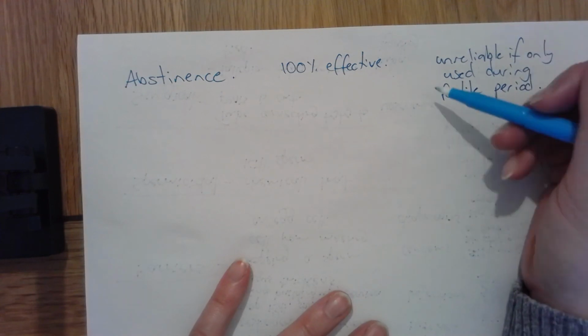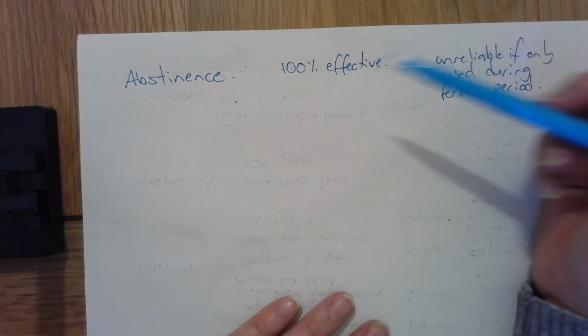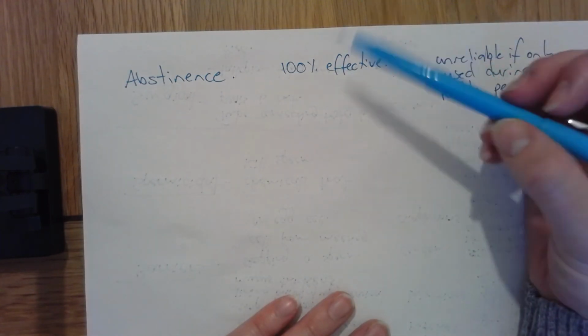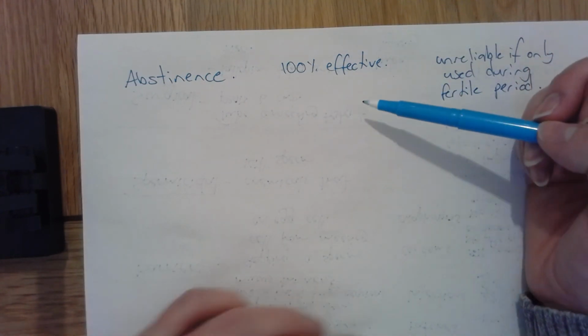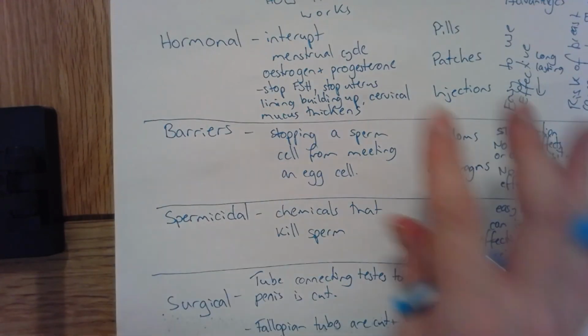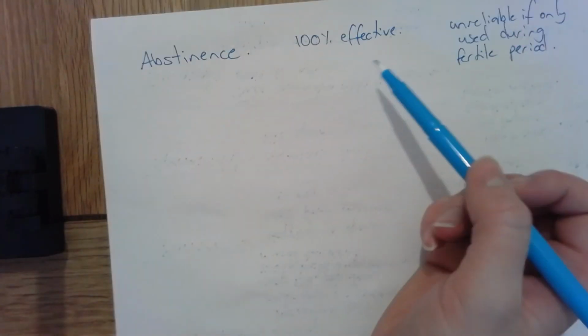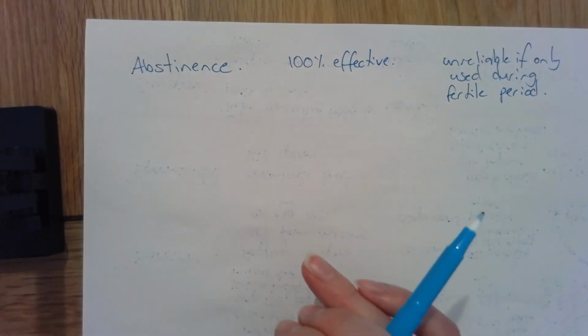It will also mean if you are completely abstaining, you won't get an STD, and it is appropriate for people who, for religious reasons, don't agree with any of these other methods. So there are some religions, like Catholicism, that don't agree with this, but abstinence they're absolutely fine with.